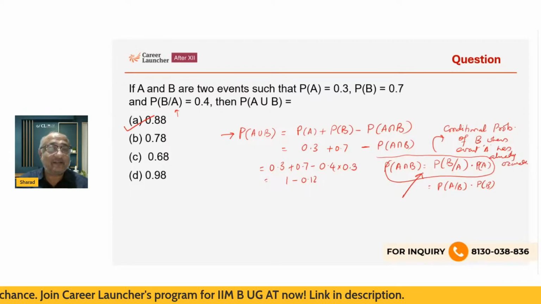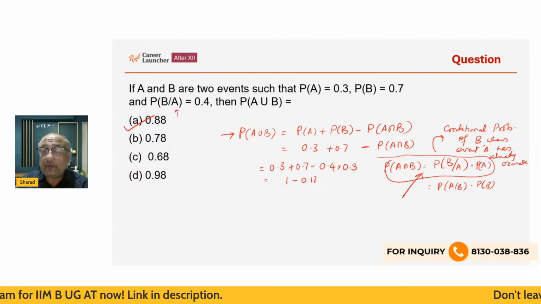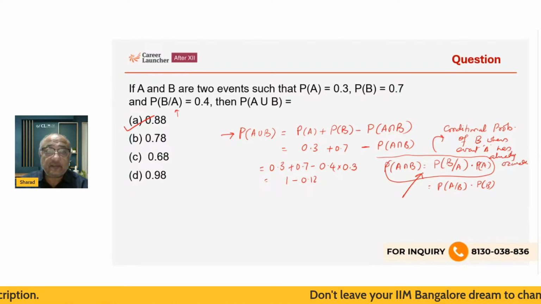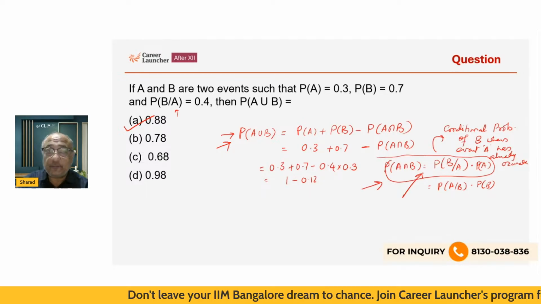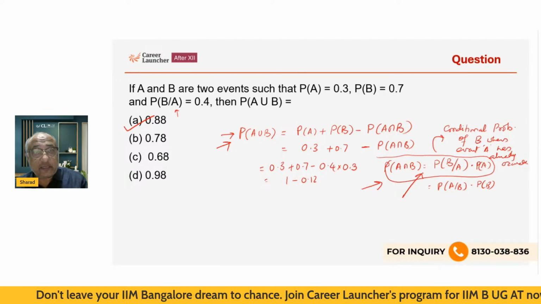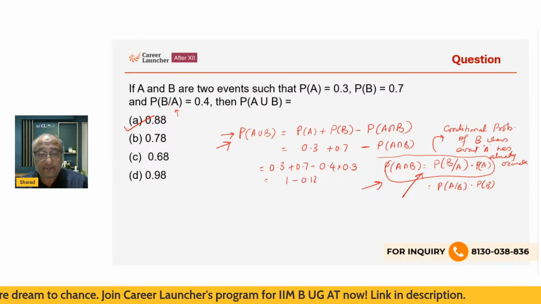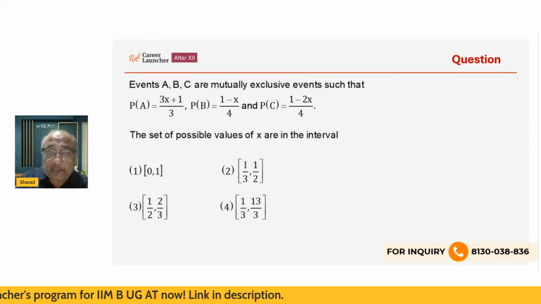Yes, this is my answer, 0.88. So please get your memory cell working: this is the first formula in probability we should remember, and this is the formula of conditional probability, which should be clear to us. Is it clear? All of you have got it? Now let us do the second question in probability.